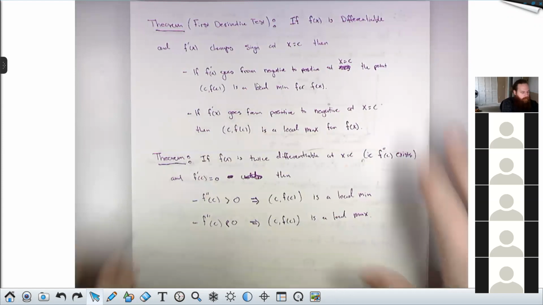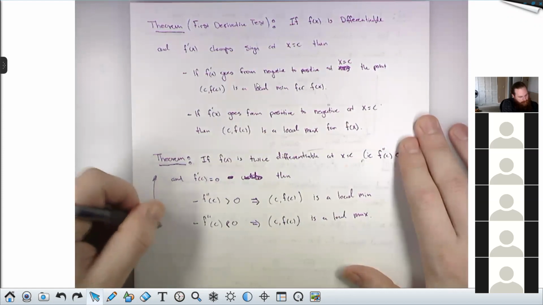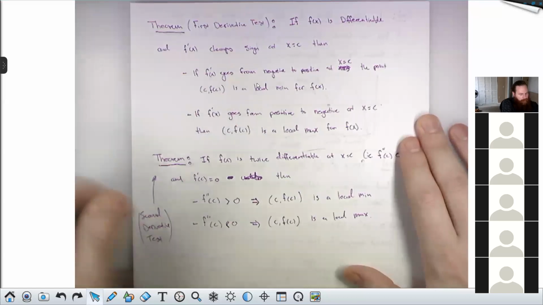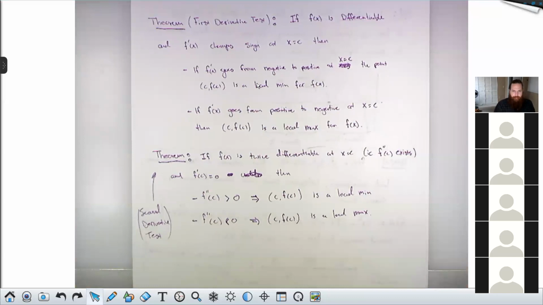So this second guy here is called the second derivative test. That's the name of this other theorem. So first derivative test, second derivative test. Both of these are tools for recognizing what's happening at a critical number.